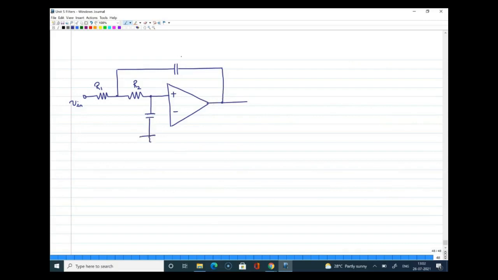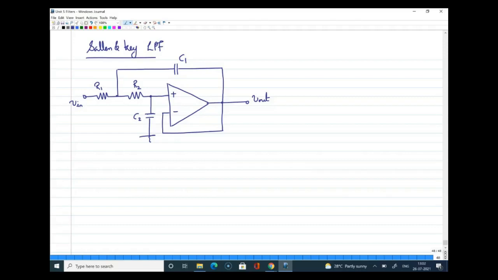I'll call these C1 and C2. This is my output node, Vout. I'll write here: Sallen and Key low pass filter.